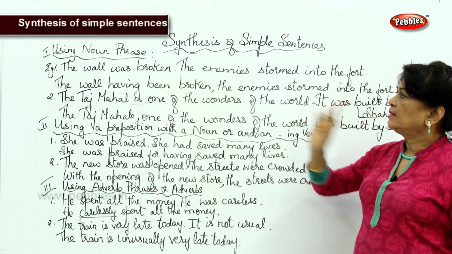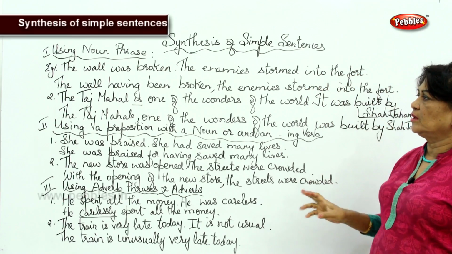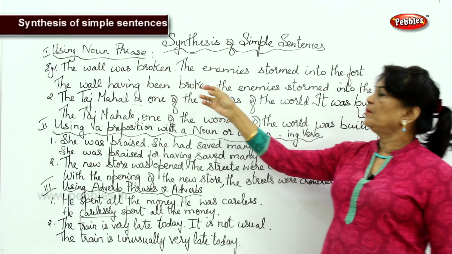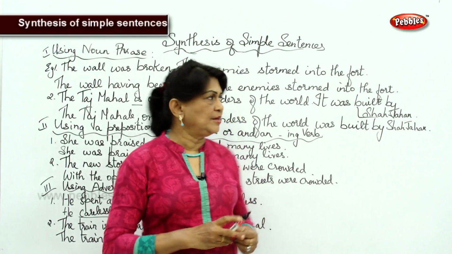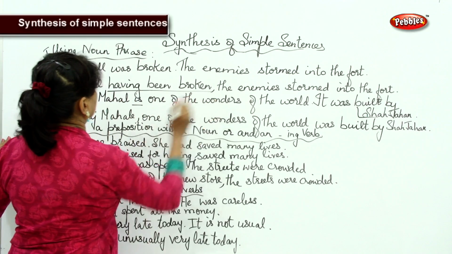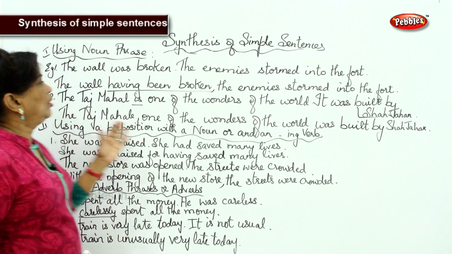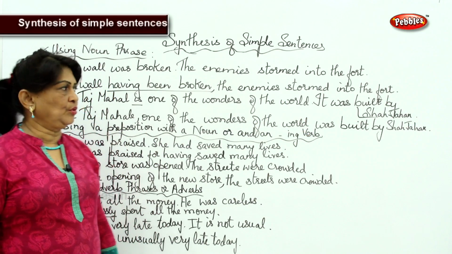Using noun phrase, the wall was broken, the enemy stormed into the fort. The wall having been broken, this having been broken is a noun phrase. Okay, the wall having been broken, the enemies stormed into the fort.